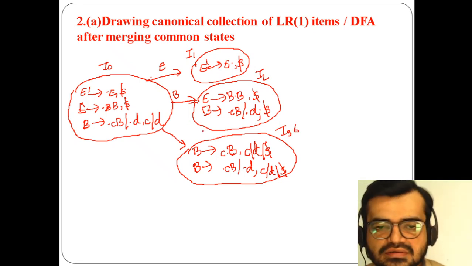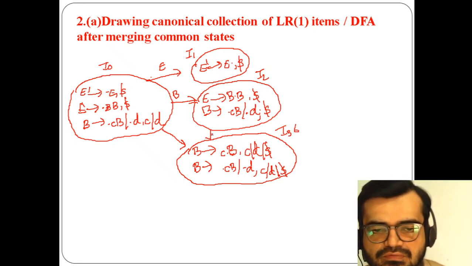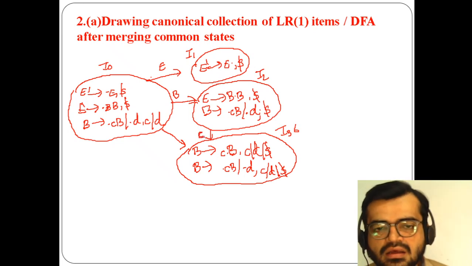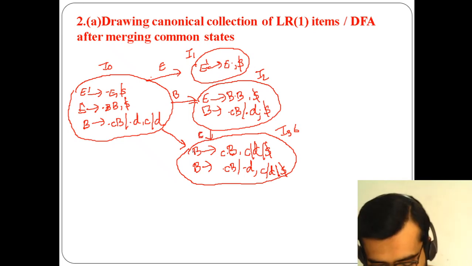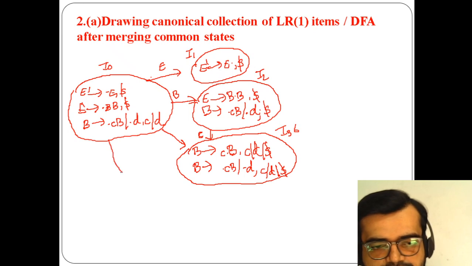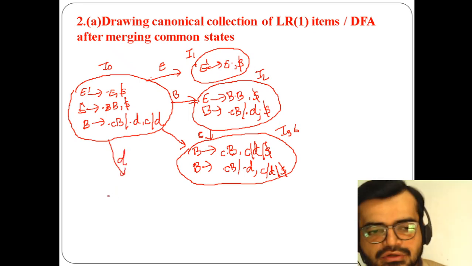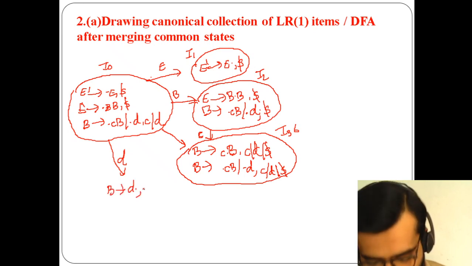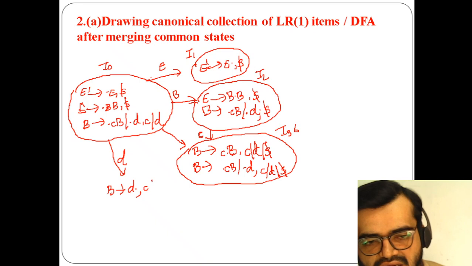So here also it is going to I36 with the help of C. Now after that, again, what about 4 and 7? Here my 4 is there, here also it is 7, because I'm ignoring the lookahead symbols, B of D dot, comma C or D or dollar.